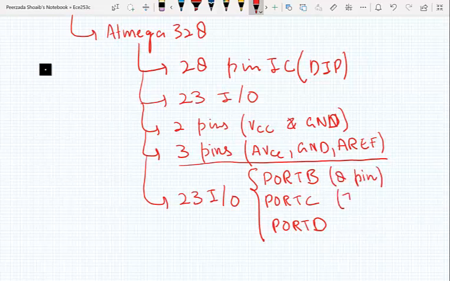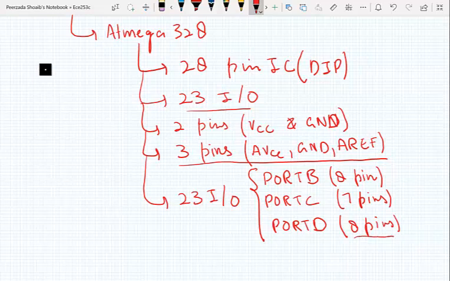Port C has only 7 pins, and port D also has 8 pins. In other AVR microcontrollers, we might have port A, port E, port F, maybe up to port L. Some of the AVR microcontrollers have ports A to L. But in case of ATmega328, we have only 23 input output pins, divided into 3 ports. Port B has 8, port C has 7 pins, and port D has 8 pins.